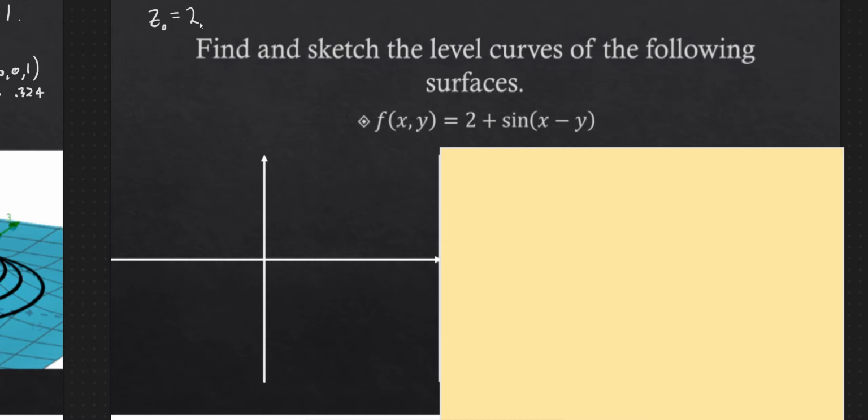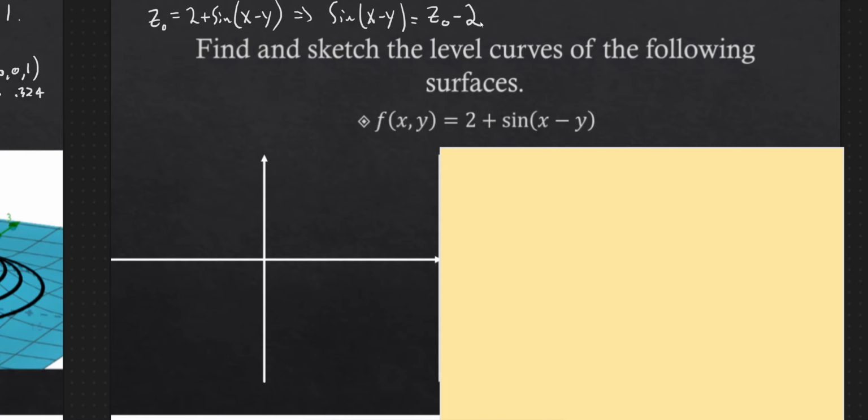z naught equals 2 plus sine of x minus y. All right, so I'm going to solve here for sine of x minus y. So I get sine of x minus y equal to z naught minus 2. Now I'm going to remember the ranges of the function sine.